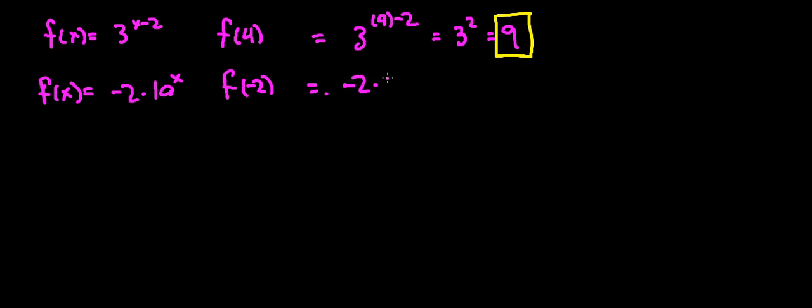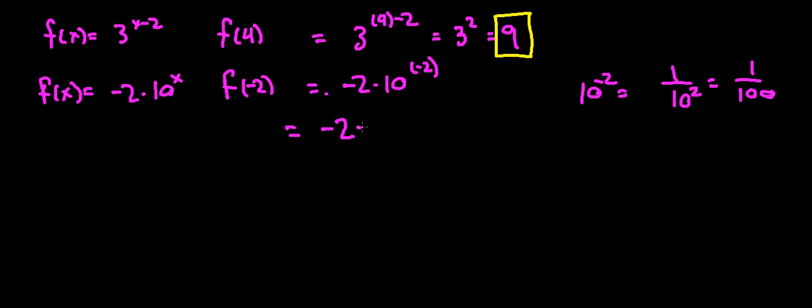So we have minus 2 times 10 to the minus 2. And remember, when we have a negative exponent, we take the reciprocal of it. So 10 to the minus second is the same as 1 over 10 to the second, which is 1/100. So here we've got minus 2 times 1/100, which is equal to negative 2/100, which simplifies to negative 1/50.